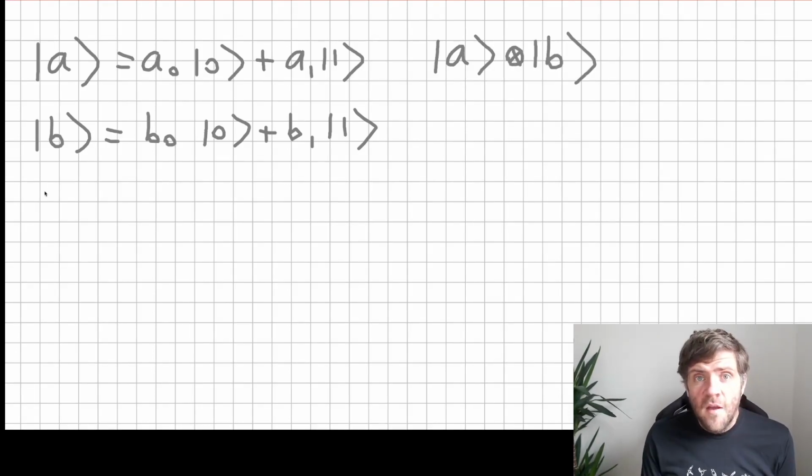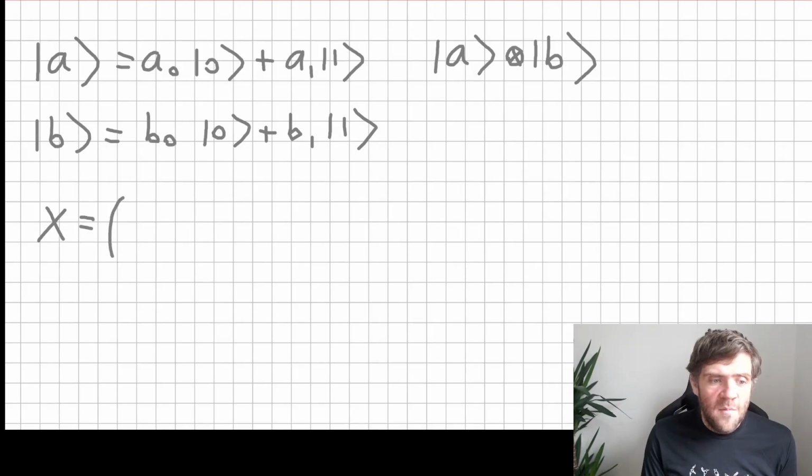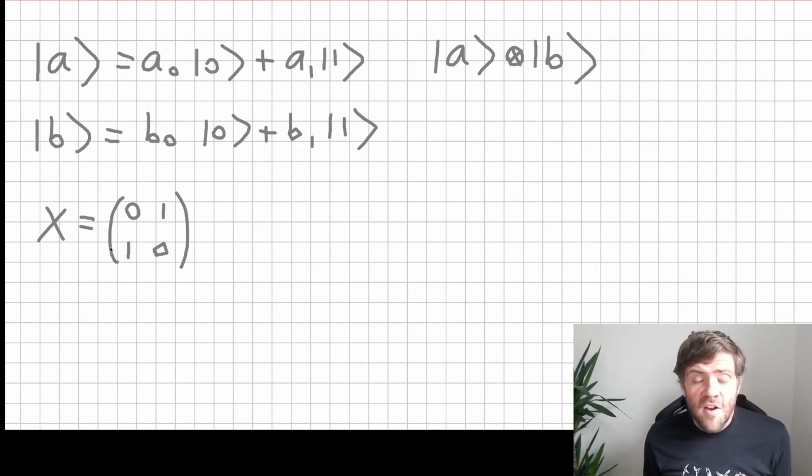If we were just talking about single qubit states and you wanted to apply an X operation, for example, to the qubit in state A, then you would just apply the X operation to that vector. And you might remember that this can be expressed by this particular matrix. Well, when we're thinking of 2 qubit states, you can't just apply this 2 by 2 matrix to this 4-dimensional vector that describes the 2 qubits.